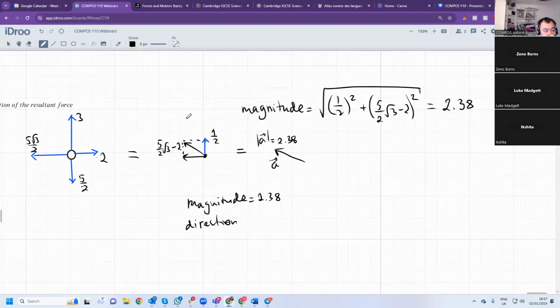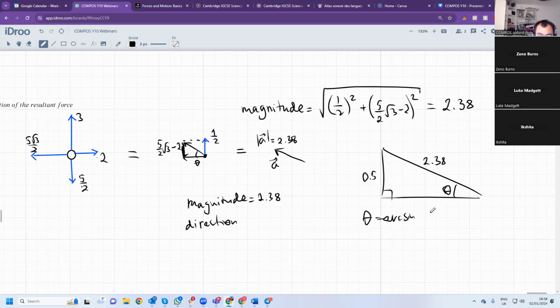well, you can use trigonometry. If you want this angle, theta, then using a right angle triangle, this is 0.5 and this is 2.38. So theta is arc sine of 0.5 divided by 2.38, which is 12.1 degrees.